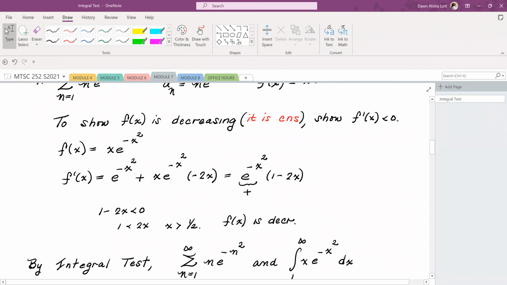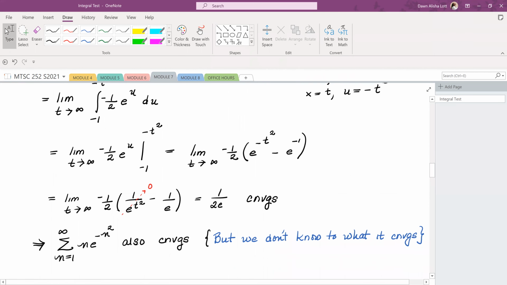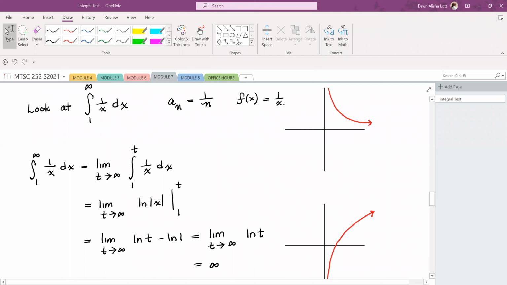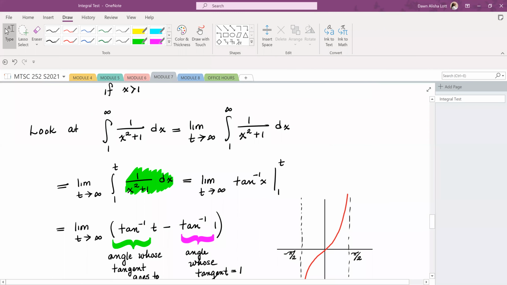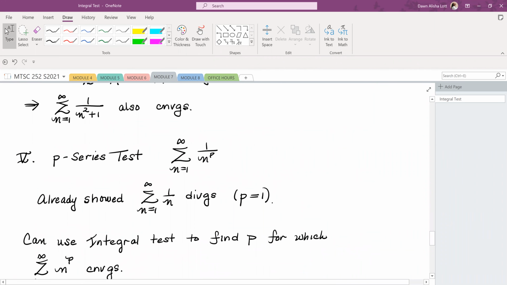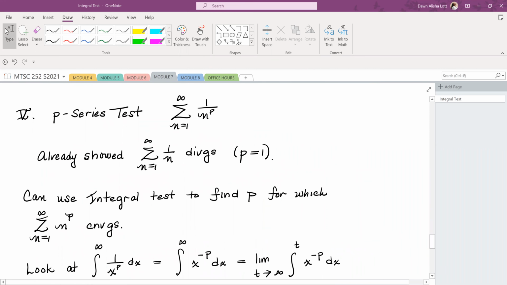If the integral diverges, the series diverges. And then the last test that we did, which is number 5, is the p-series test. It just has to look like n to the p in the denominator. And if p is greater than 1, it converges. If p is less than 1, it diverges.